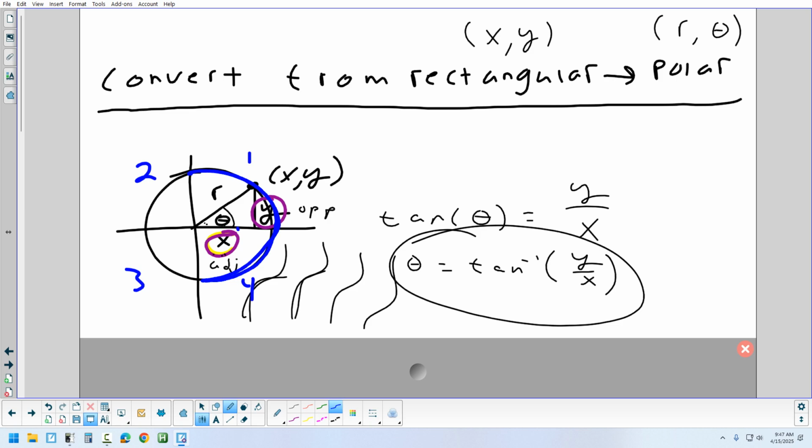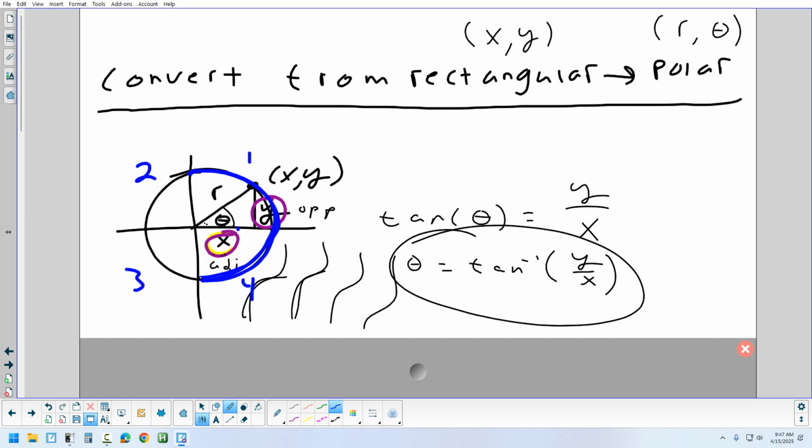So the problem with inverse tangent is it only works on that half of the circle. If we wanted to get answers on the other half, we would have to add something to that. What could we add that would shift all of the answers on this half over to answers on the other half?